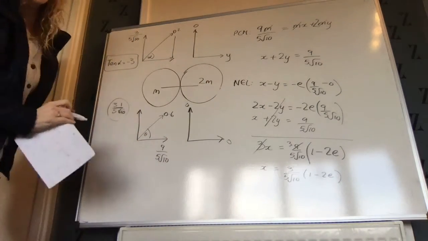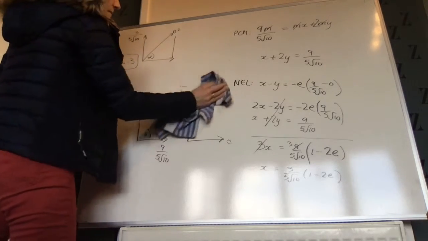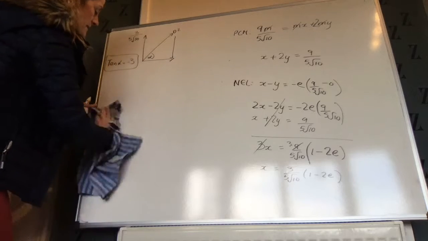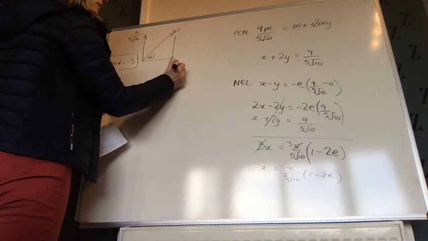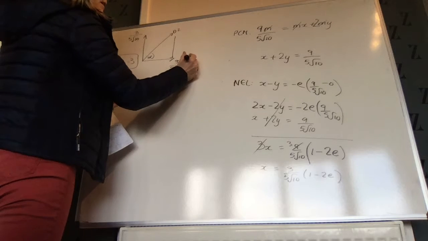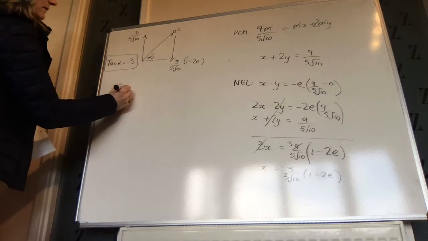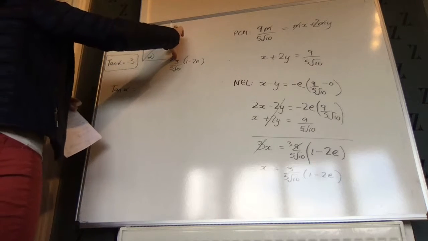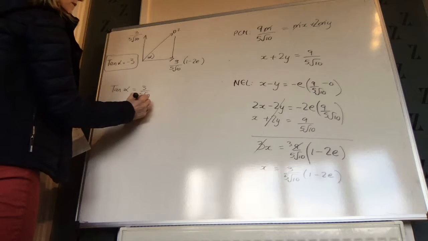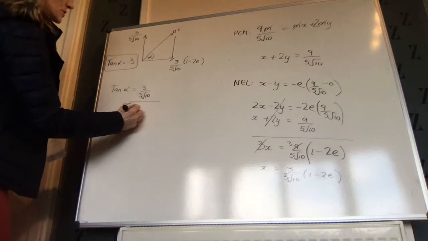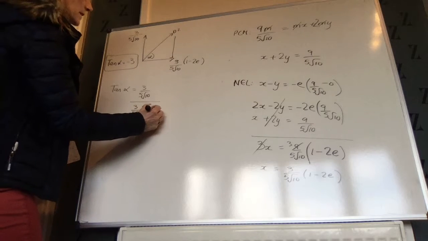Okay, so now I'm going to rub everything else out and put in our x. We've just worked out that our x here is 3 over 5 root 10 times 1 minus 2e. So now we can see that the tan of alpha is the opposite, which is 3 over 5 root 10, divided by the adjacent, which is 3 over 5 root 10 times 1 minus 2e.